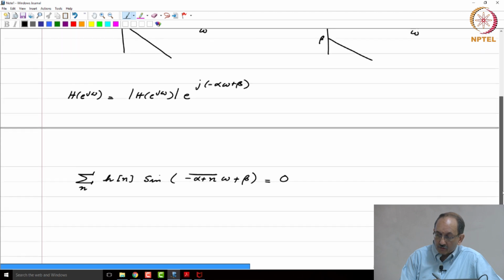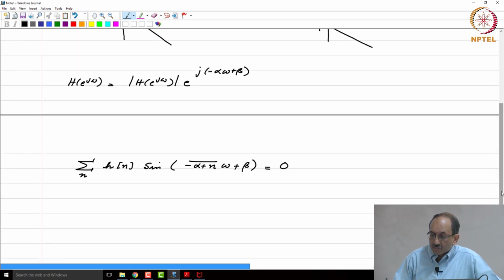This was the condition that had to be satisfied if we assume the phase is generalized linear phase of the form minus alpha omega plus beta, and of course, this has the trivial solution h of n equal to 0.